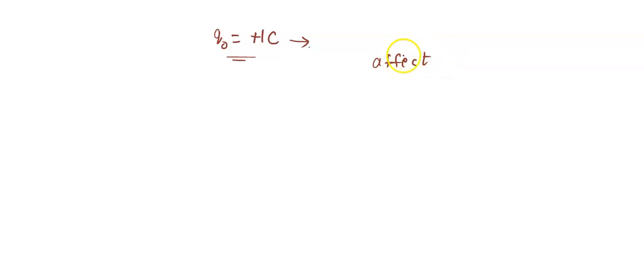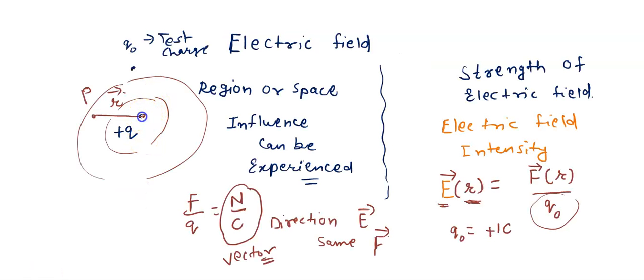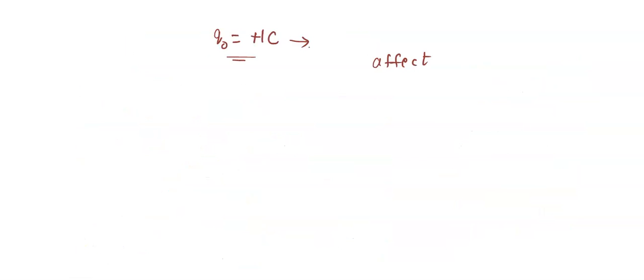This is called the source charge, and the other one is called the test charge. Because it's 1 coulomb, a great value, it may affect the source charge itself.